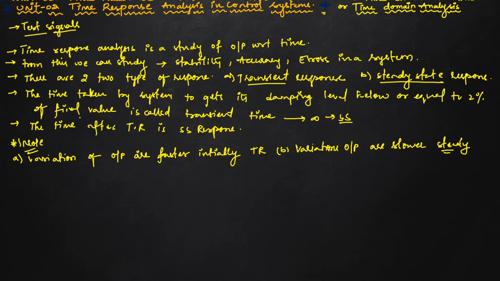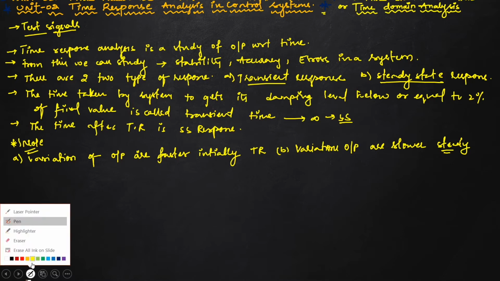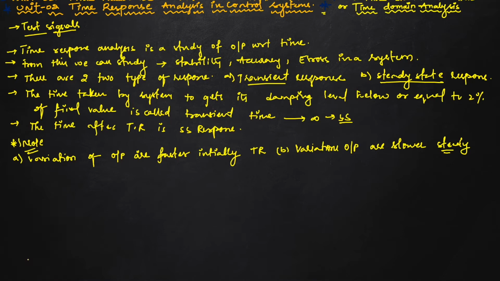We have talked about the transient response and steady state response. Let us see how we get them. In order to study a particular thing, you need to give some input to a system, and only then can you observe what happens in that system. So let us study some of the available inputs, which are nothing but test signals.